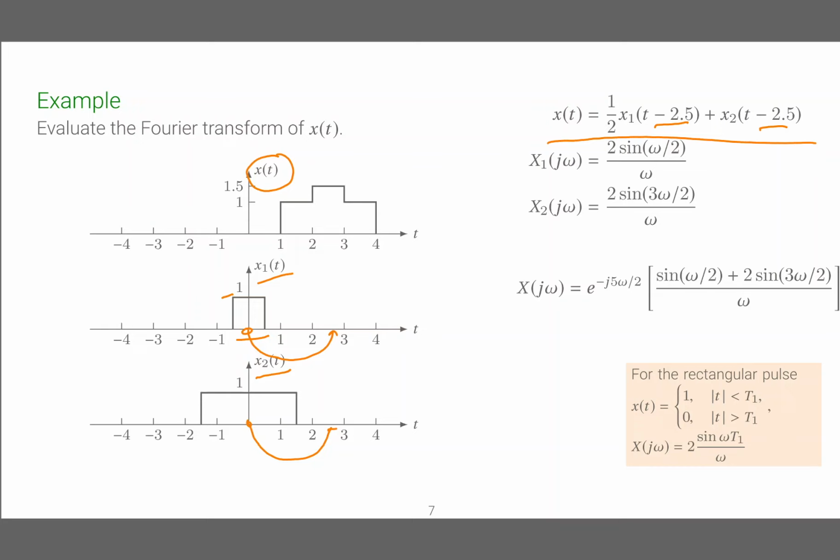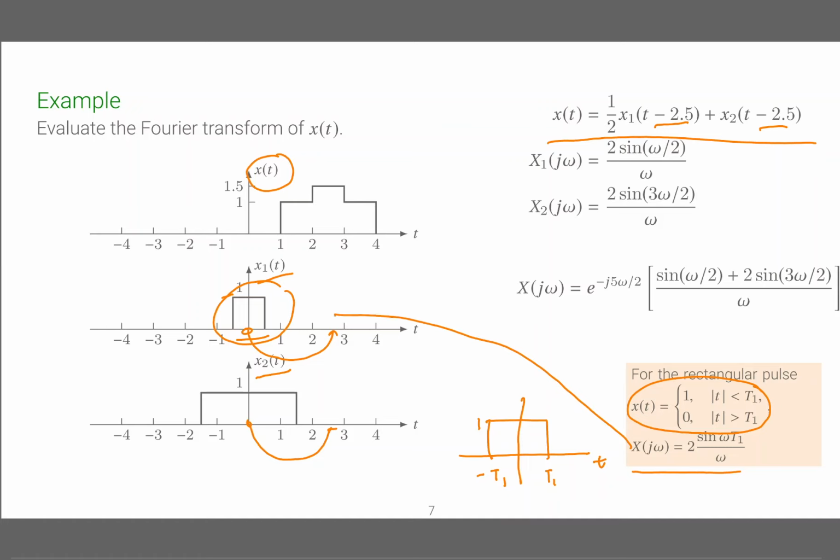Also we know that for a rectangular pulse like this, the pulse in the time domain has this form: from minus t1 to t1 it is 1, otherwise it is 0. If you take this rectangular pulse, its Fourier transform X(j omega) is 2 sine(omega t1) divided by omega, which we did some time ago. So we can use this Fourier transform to express Fourier transforms of this signal and that signal.